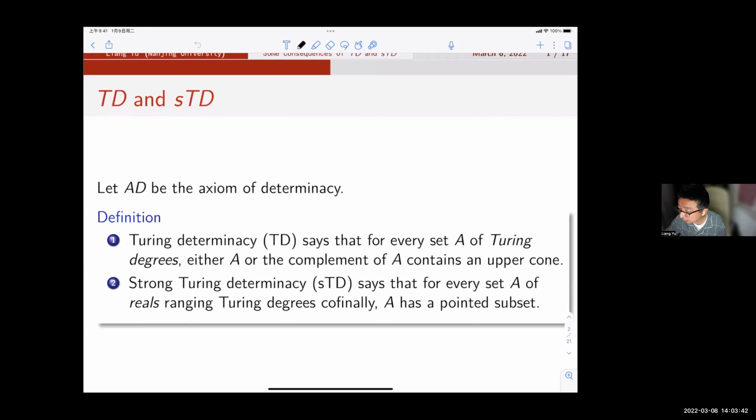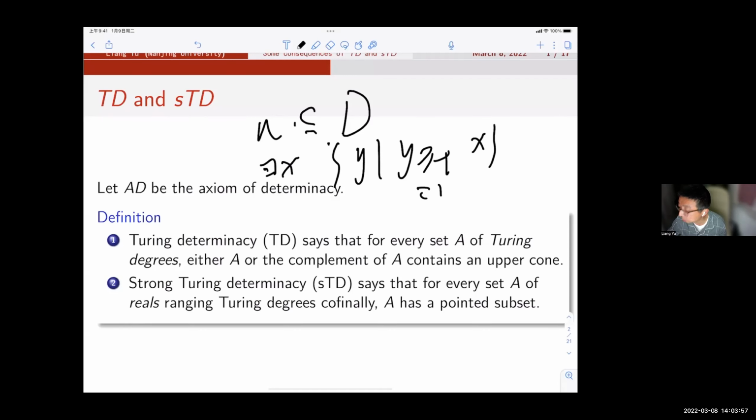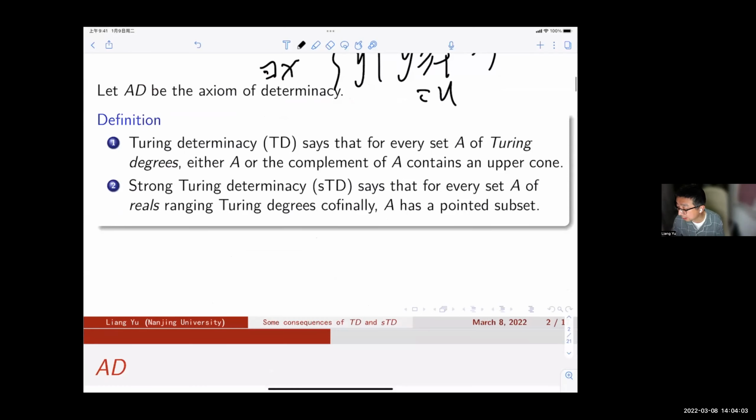An upcone is a subset of Turing degrees of the form {Y : Y ≥_T X} for some X. Strong Turing determinacy says that for every set A of reals, if the range of A is cofinal in the Turing degrees, meaning for any X there is Y in A with Y Turing greater than or equal to X, then A has a pointed subset.